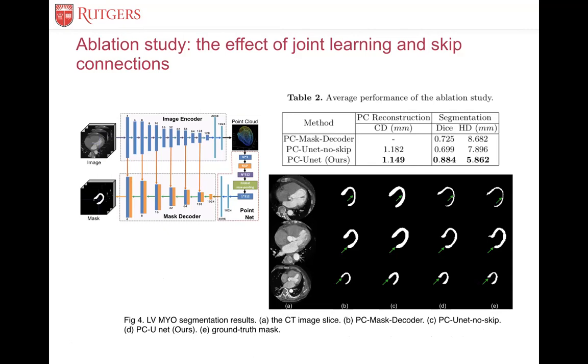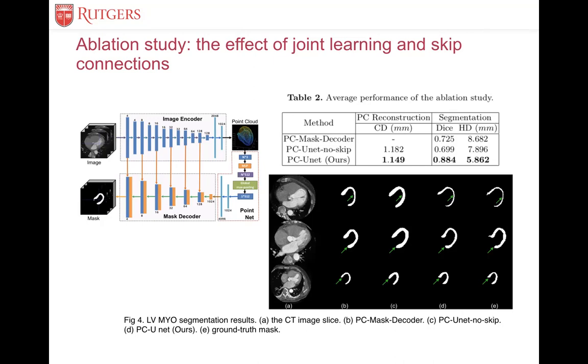With this model, we want to show that convolutional neural networks can reversely reconstruct dense segmentation masks from a sparse point cloud. We can see from column B that the predicted segmentation masks are dense, and they are surprisingly very close to the ground truth.